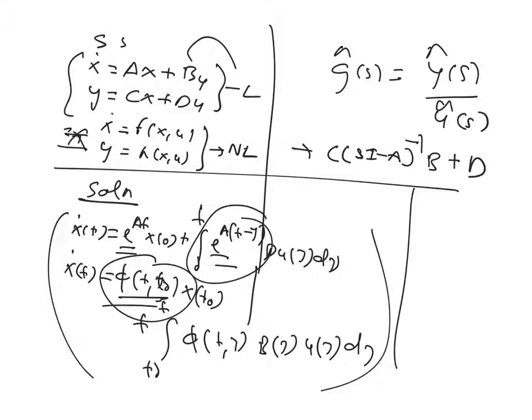So that's what we have learned so far. We can see the solutions and make predictions and comment on the stability. The best thing you can hope for is that the system is linear time invariant. After that, things get crazy.